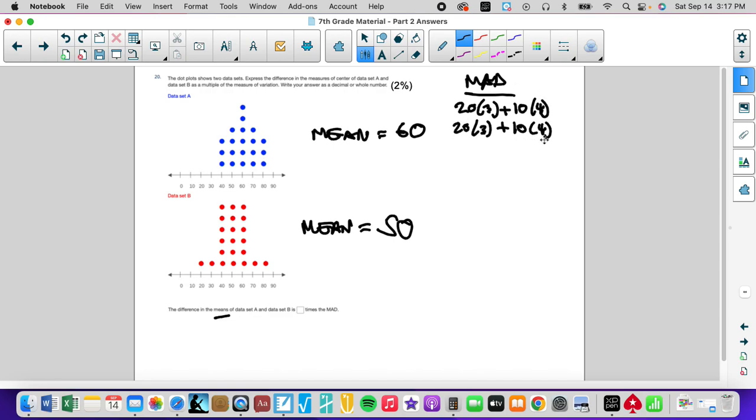So that is going to equal 60 plus 40 plus 60 plus 40, which is 200, and then we divide it by the number of data points, and there are 20 data points. So the MAD value is going to be 10.